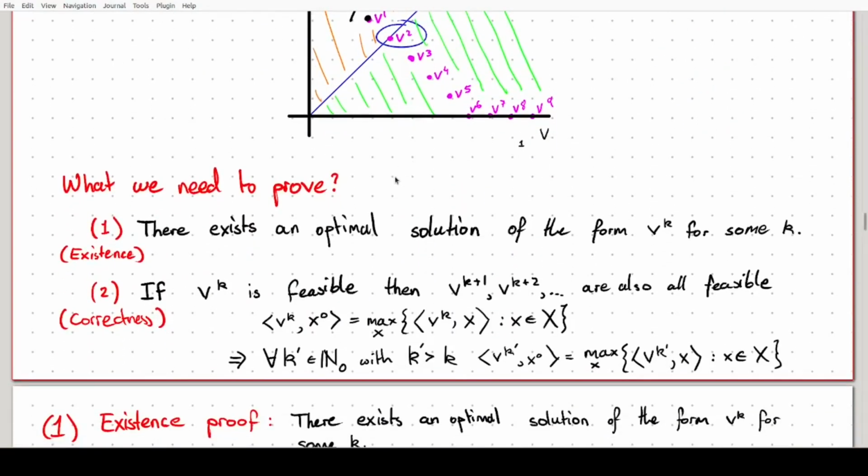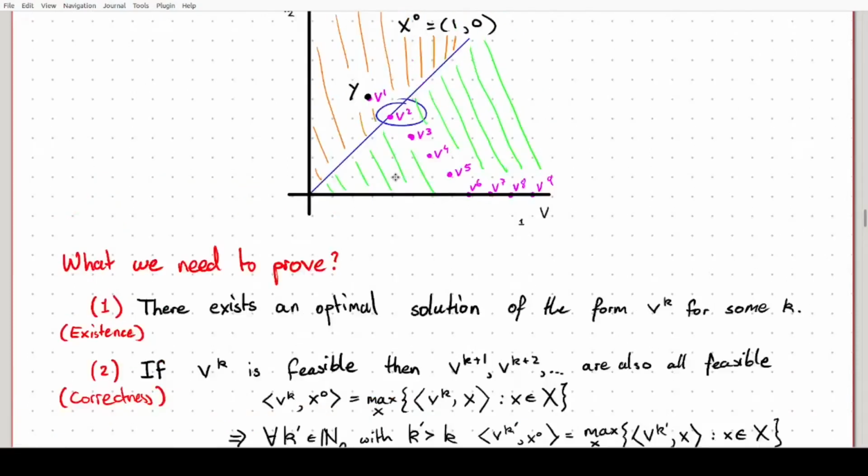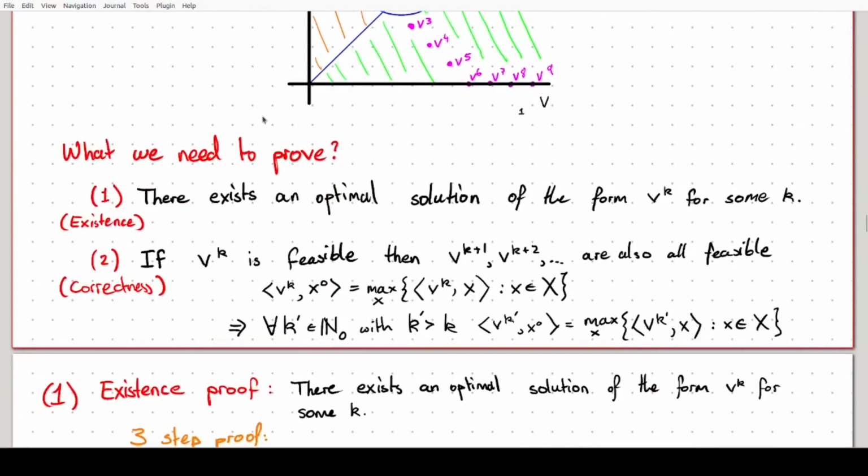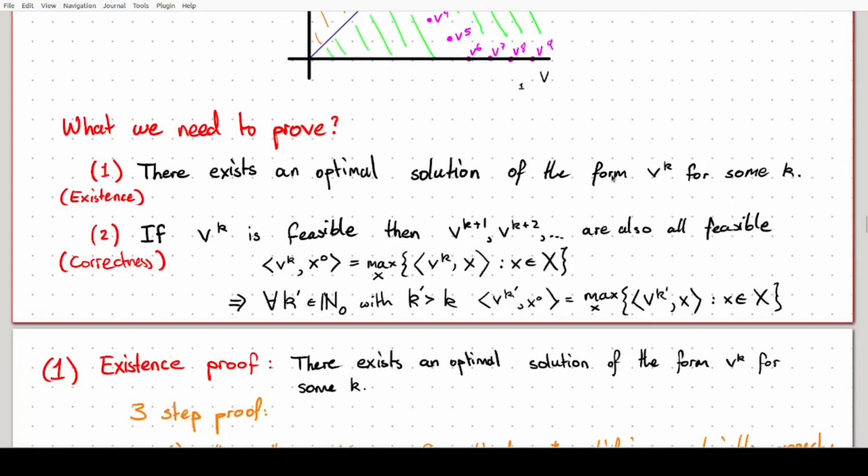So in order to prove that this idea works, we need to prove that there exists an optimal solution of the form Vk for some k. We also need to prove that if Vk is feasible, then everything following it is also feasible.